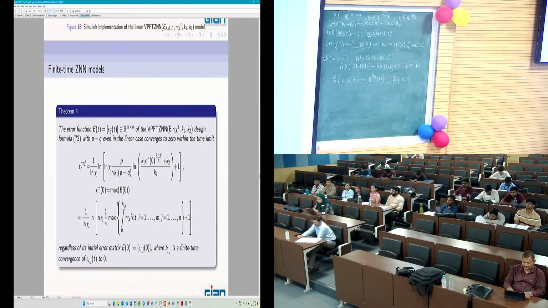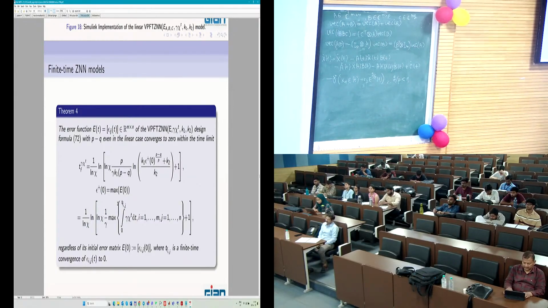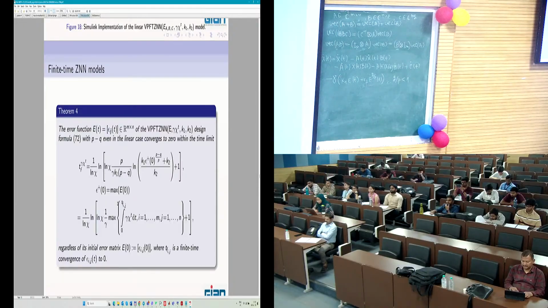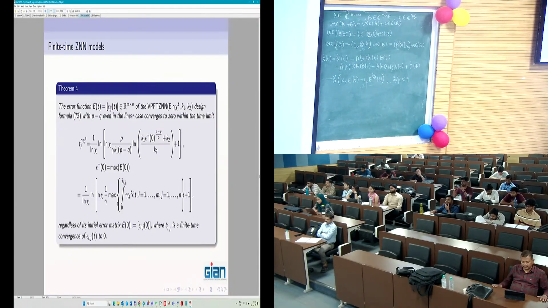Something I will show you is defined as a matrix with an FT-ZNN model with this mu of t defined as gamma, K1 and K2 parameters. It says it is finite time convergence.